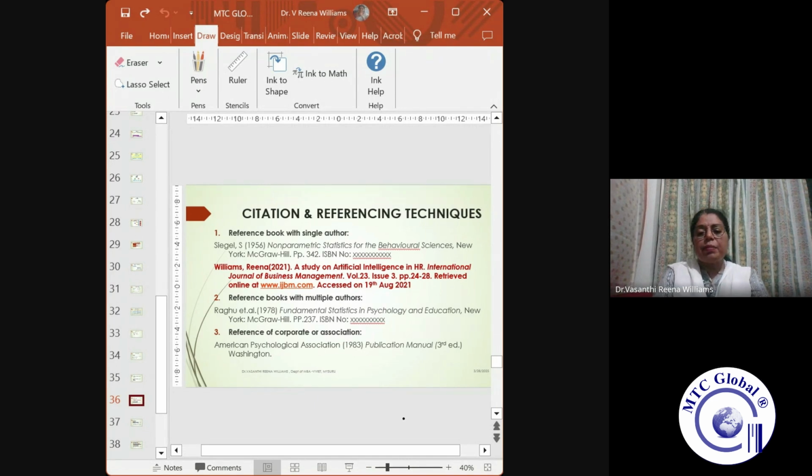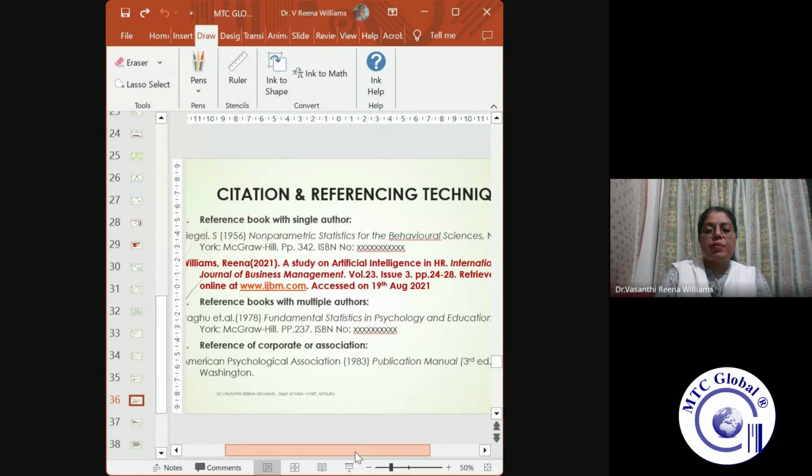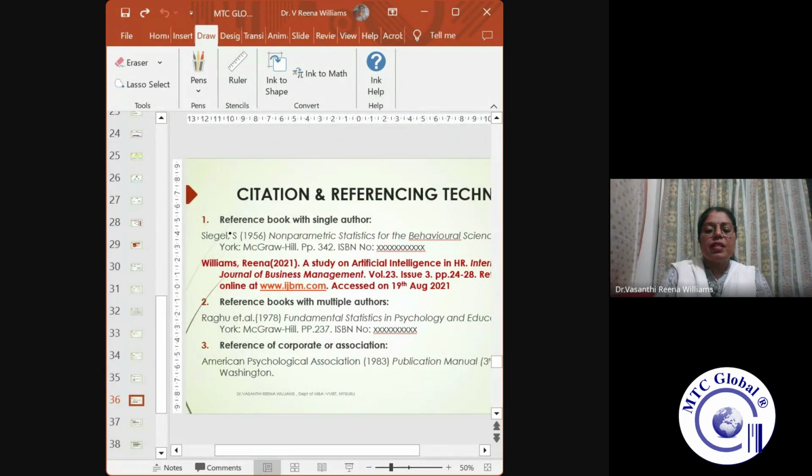Now, this is the example that I was telling you about. If you reference a book with a single author, see, it is Saijal S. So his name was actually S. Saijal. So you put it as Saijal S. What is 1956? That is the year in which this particular book was published. We mentioned it as book, right? So that's why. What is the title of the book?